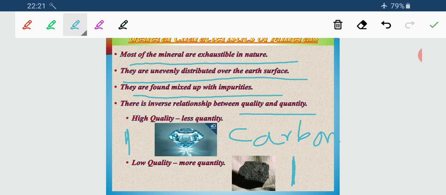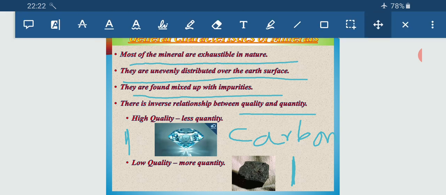Now we can find an abundance of coal present on the earth's surface, within the crustal part. So what does this indicate? That inferior quality minerals are found in abundance and superior quality minerals are found in less quantity. So there is an inverse relationship, or a reverse relationship, between the quality and the quantity of the mineral. So these are basically the general characteristics of the mineral.